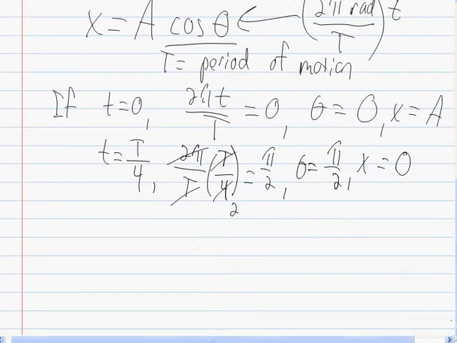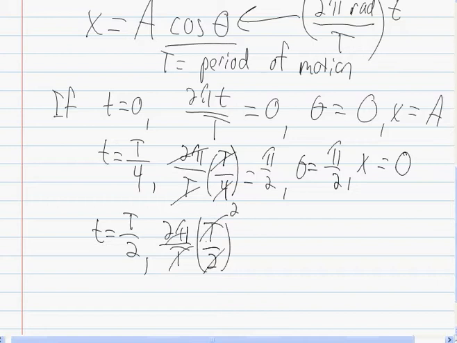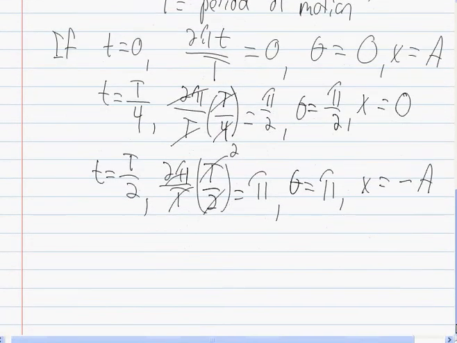If I'm halfway through the cycle, so that t equals half of the period, well, 2 pi over T times the time, over 2. Everything divides out, and I'm left with just pi. Theta then is going to be pi, and x is going to be negative A, because remember I'm 180 degrees from where I started. I know it's repetitive, but I'm going to go through the whole thing.